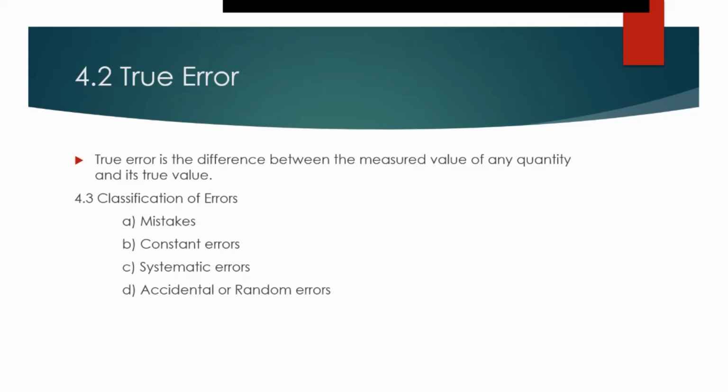So the difference between the measured value and the true value is called the true error. Then besides these true errors, the errors are classified into 4 categories: mistakes, constant errors, systematic errors, accidental or random errors.